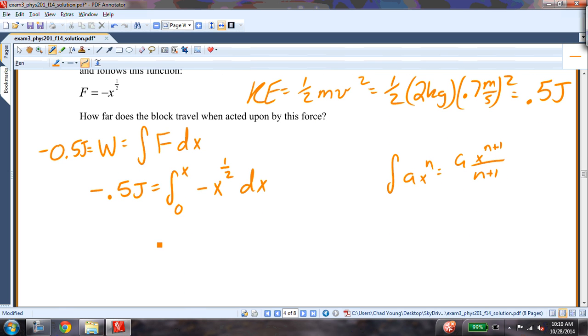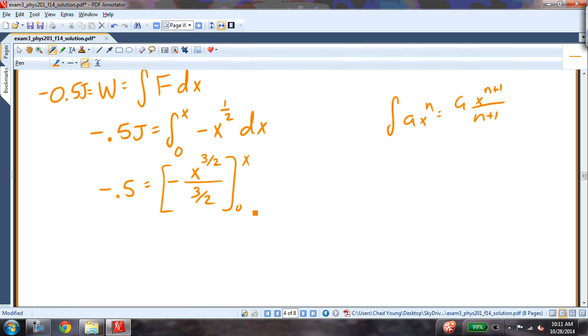So this works out to be negative x to the 1/2 plus 1, which is 3/2, divided by 1/2 plus 1, which is also 3/2. And then I evaluate this from 0 to x, and I'm going to be solving for x.